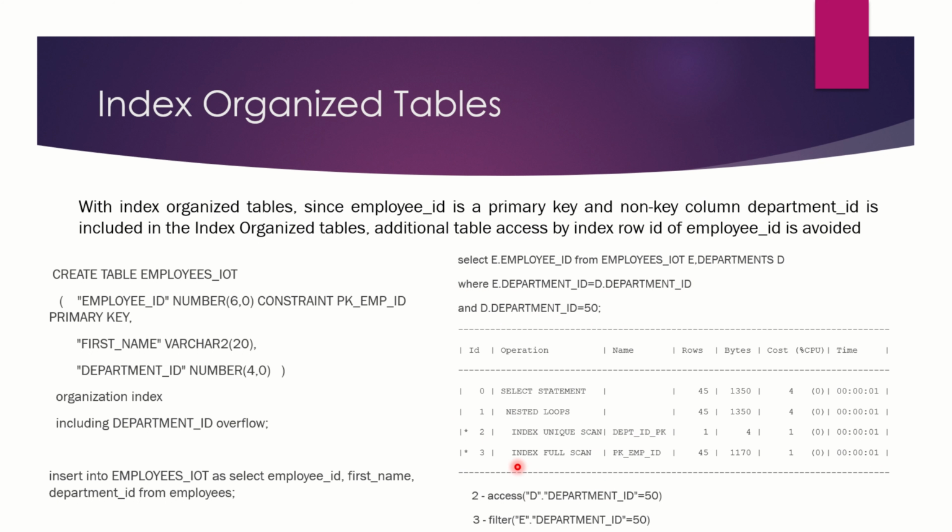And then the third operation is going to execute, which is accessing e.department_id equal to 50. That is nothing but the join condition. Now since this index, primary key_employee_id, has the information of the department ID as well as the employee ID, separate table access by index row ID for the employees table is not needed. So there is an elimination of one extra scan.